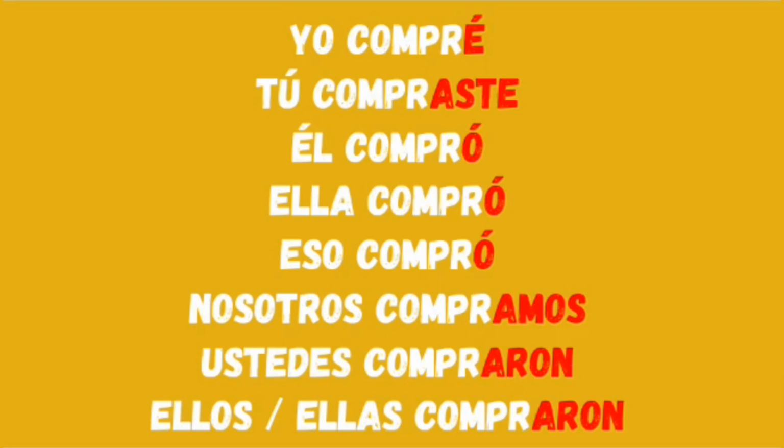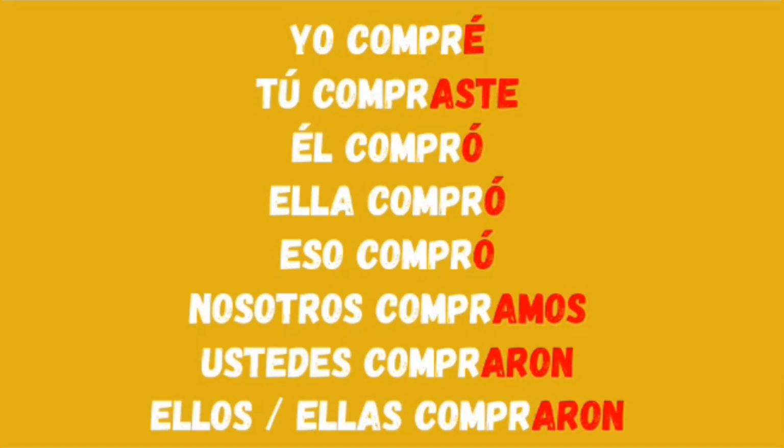If you want to say he bought, you have to say él compró. If you want to say she bought, you have to say ella compró. If you want to say it bought, you have to say eso compró.